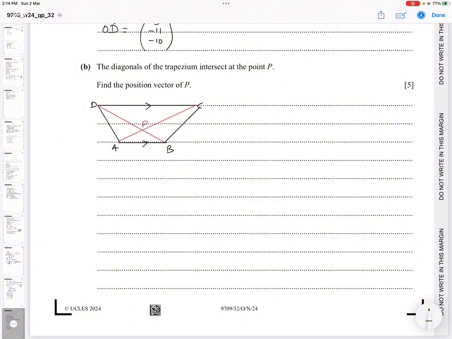So let's find the vector equations of AC and BD. So first find the direction vector of AC. To find the direction vector of AC, I have to write OC minus OA.